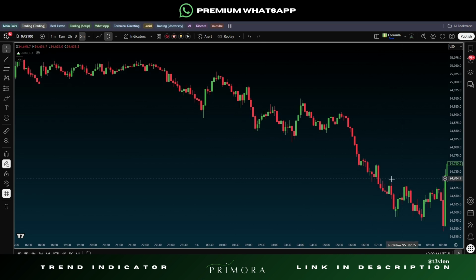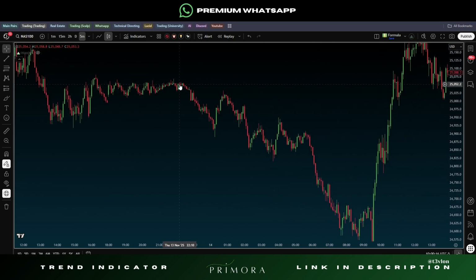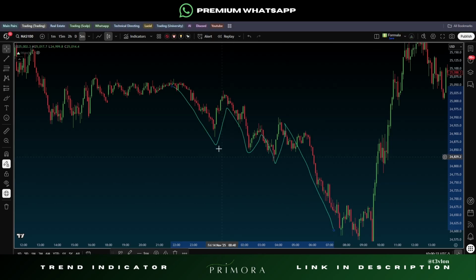Great. So here it is. You have a push, a pullback, and the continuation. A pullback and a continuation. A deeper pullback and a continuation, right? That is what the market just did.